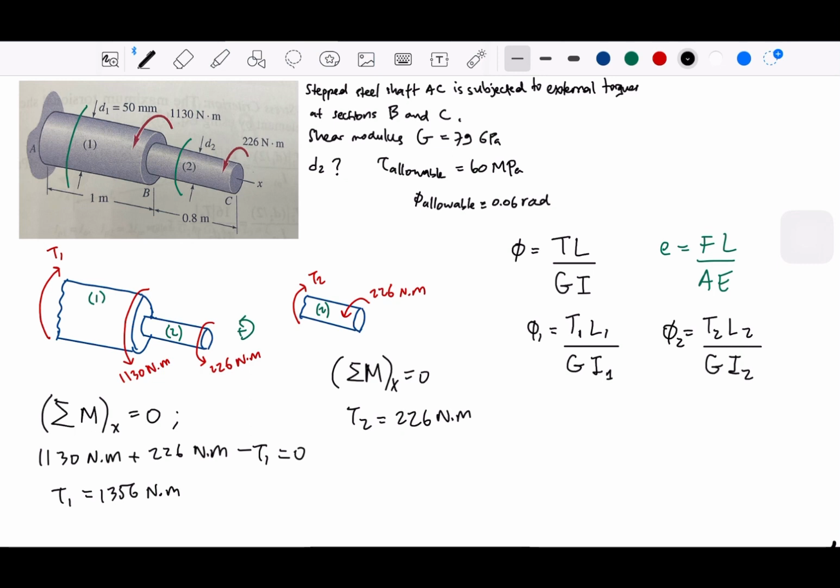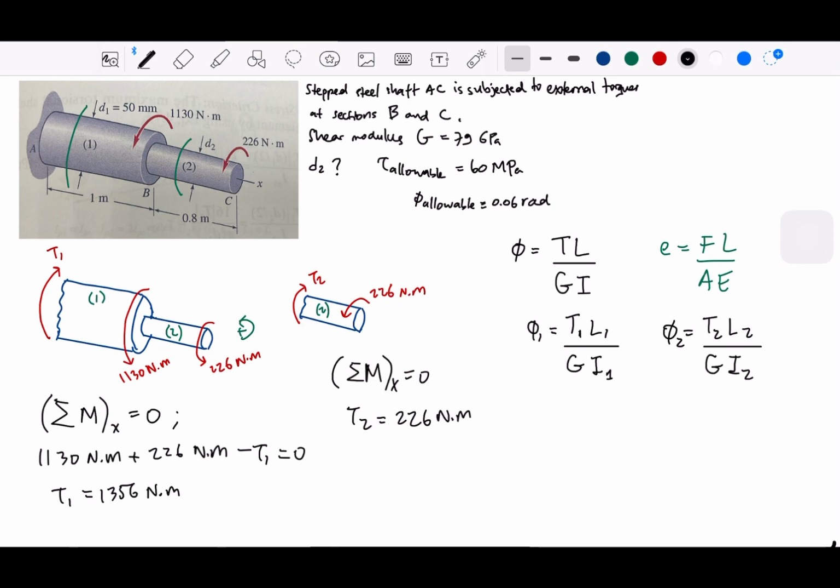Inertia. Okay. But how do we apply this inertia to find the diameter? Okay. We have these two: the allowable shear stress, and the allowable angle, right?